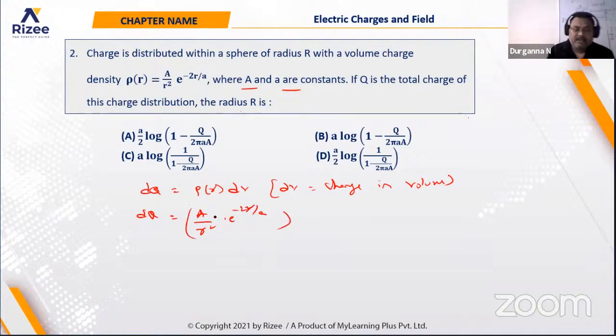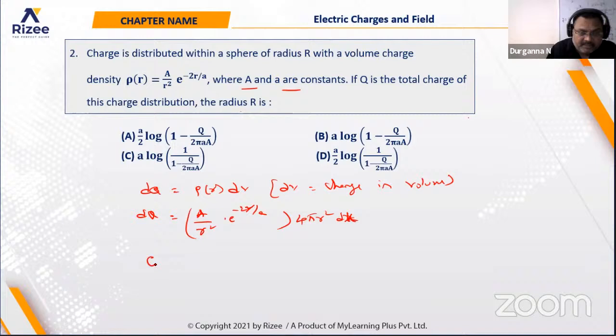The volume can be written as surface area into thickness. Surface area is 4 pi small r square into thickness dx.